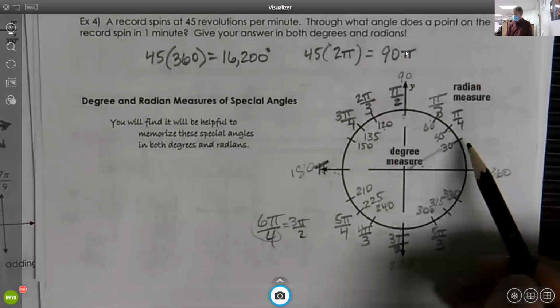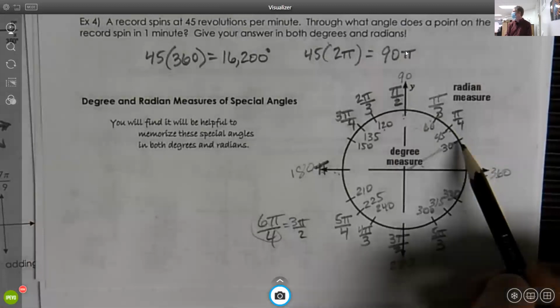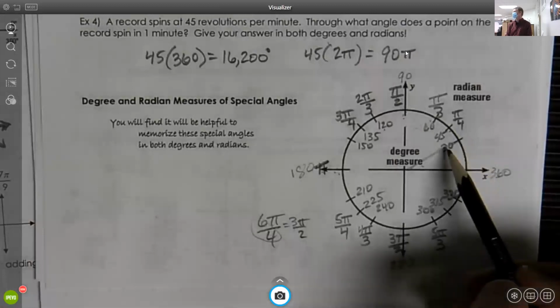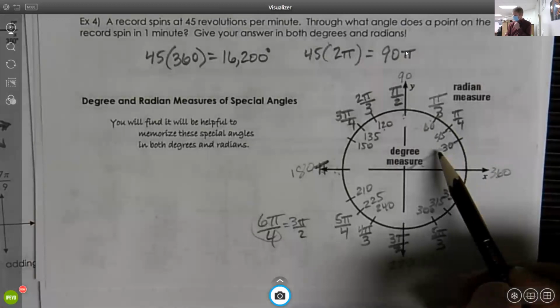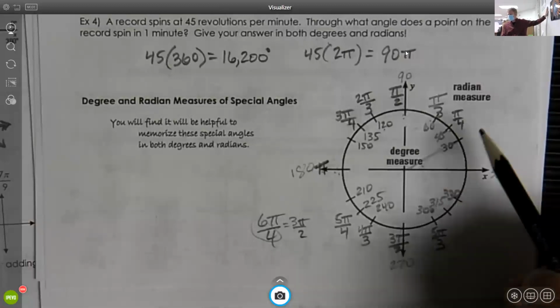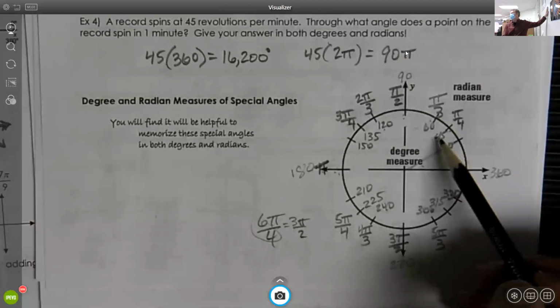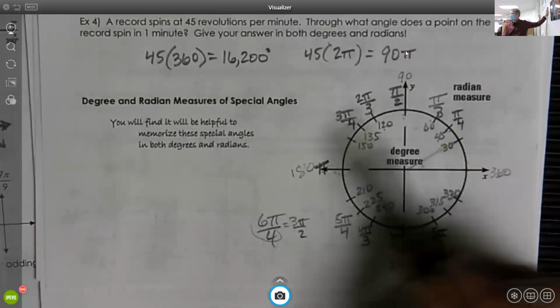So what are we going to do with 30? How are we going to write the radian for 30? Okay, how did we write the radian for 45? How many times 45 went into 180?